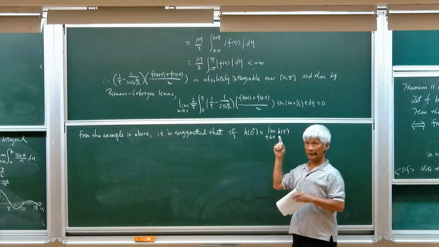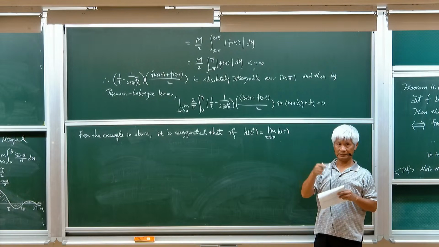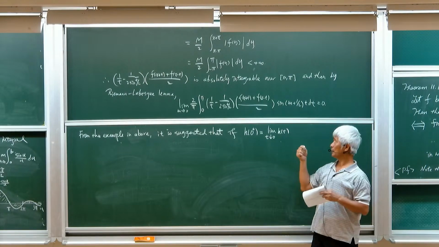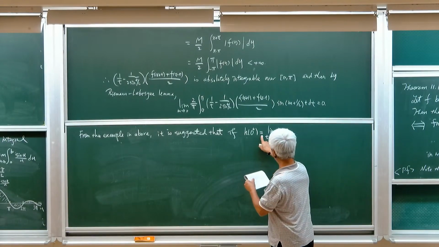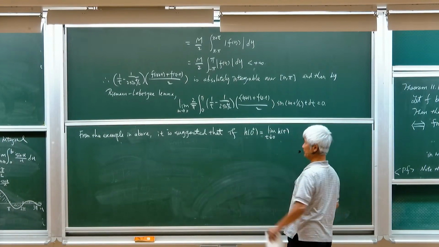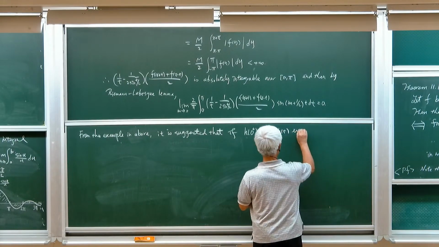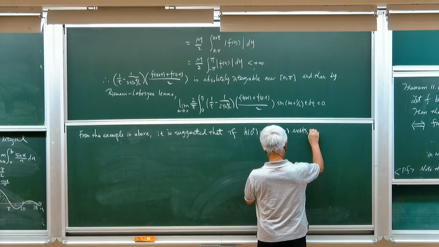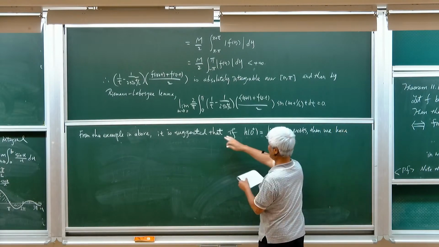Okay, t goes to 0 from the right-hand side. Okay, so t is positive, but going to 0. Right? So if the right-hand limit of the h function at t equals 0 exists, then we have, right? So it is suggested.